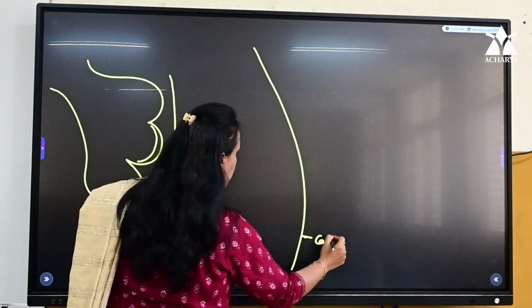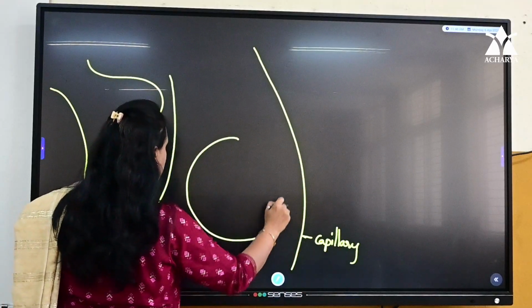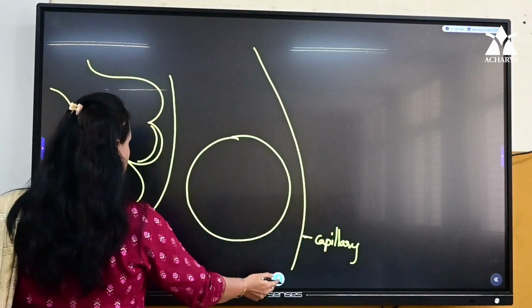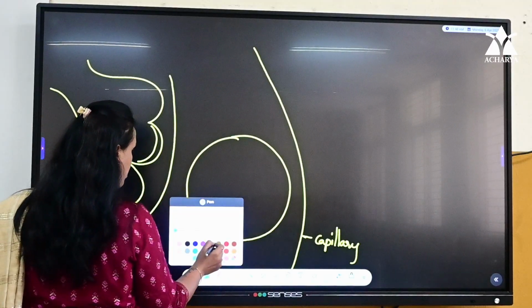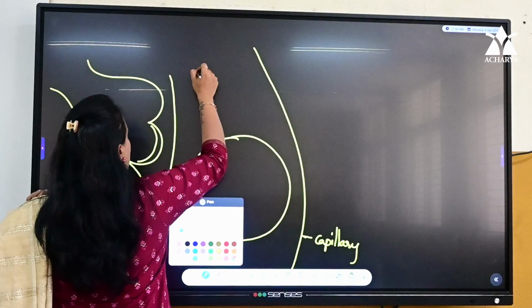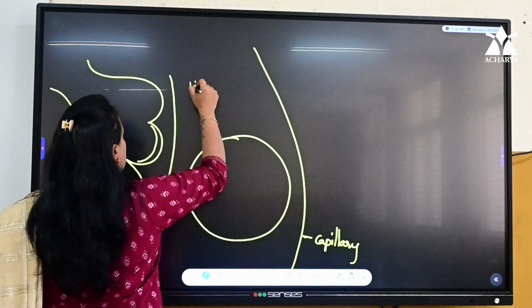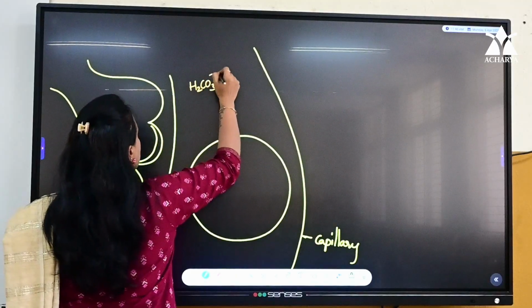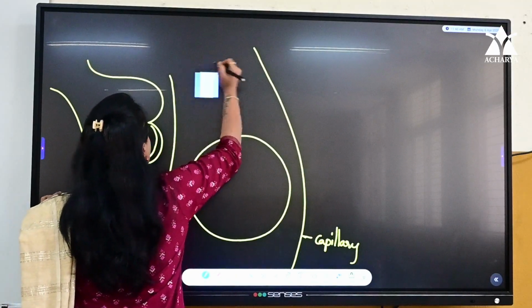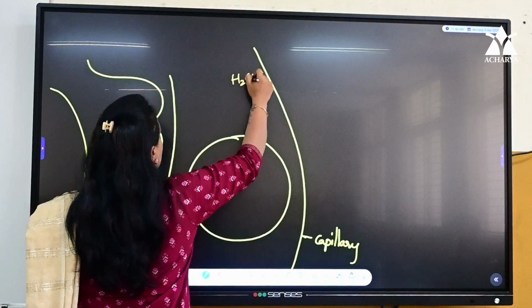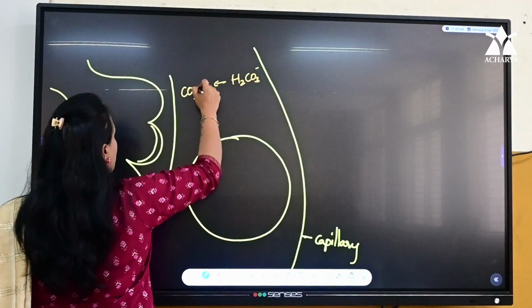This is the capillary, and let us assume this is the same red blood cell which has in there, and we have plasma, carbon dioxide which was converted into H2CO3 by the combination of carbon dioxide and water.